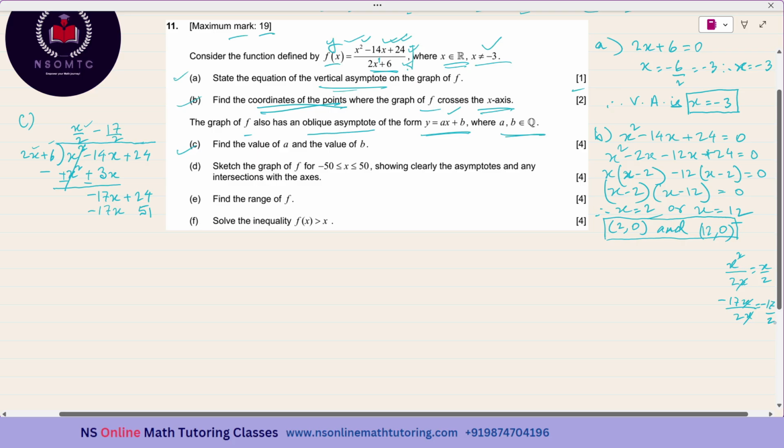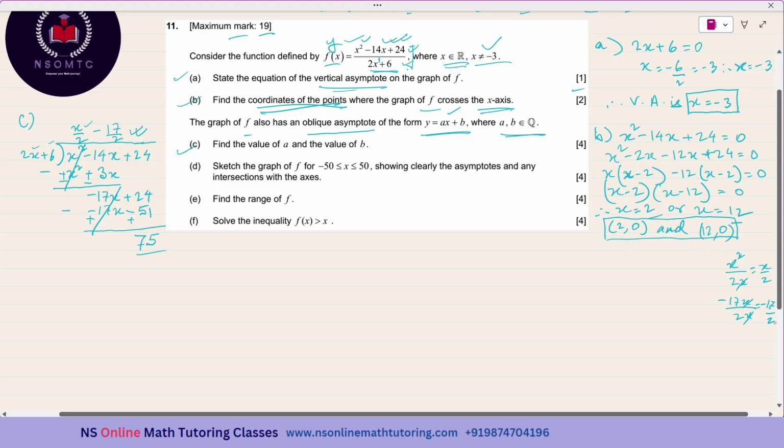Again, we have to subtract, so the signs will be changing. Actually, I'm not interested in the remainder. This forms the equation of the oblique asymptote, y equal to this expression. Anyway, I'm adding these two. Plus 75 is the remainder of this division, but I'm not interested in that.